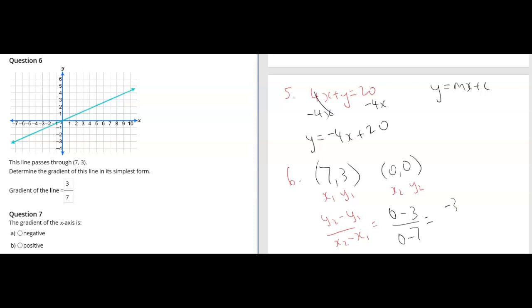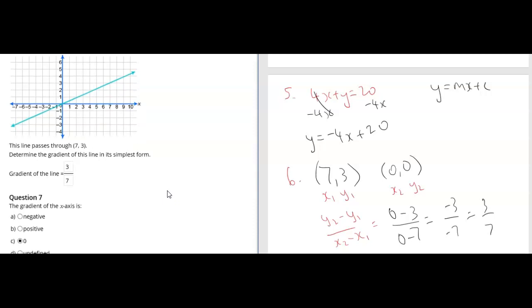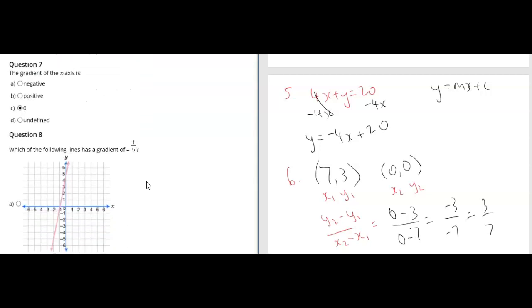So we're going to have -3 over -7, and then 2 negatives gives you a positive. And you can also see that it's a positive gradient. So if you had a negative answer, you should always just double check with your graph to make sure it's negative or positive. So our answer is positive and the graph is positive, so we're right.